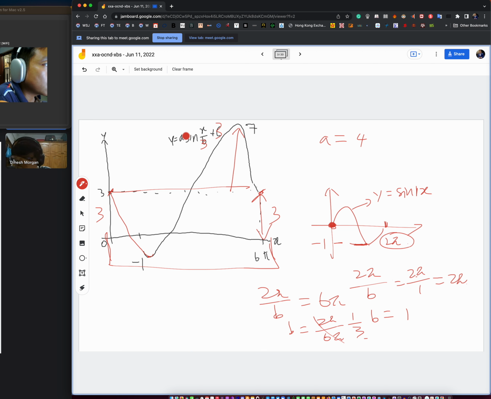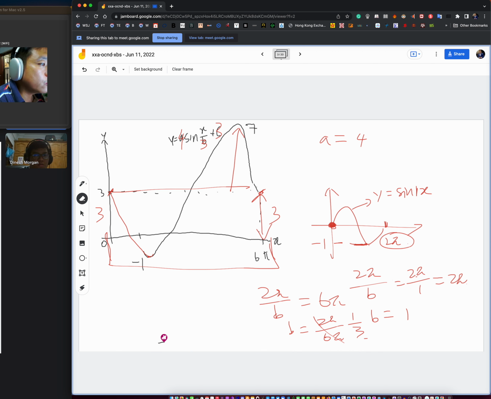So what you need to do, once you found out all this, is key this into your calculator and see whether it will give you this kind of curve or not. But hold on, something is quite strange here.